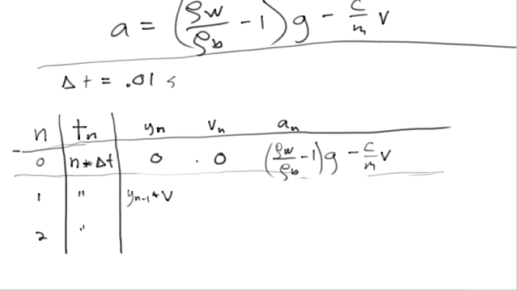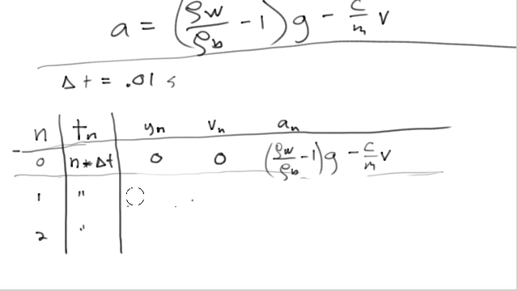I guess it doesn't matter. I'll go ahead and write it down and then say what order I calculated it in. That really means I got to calculate v sub n first. Yeah, let's do that.